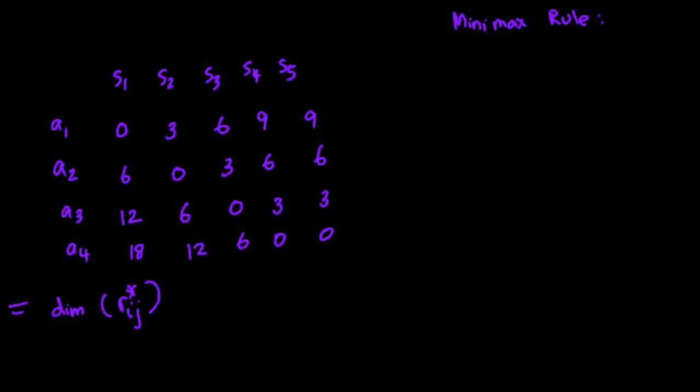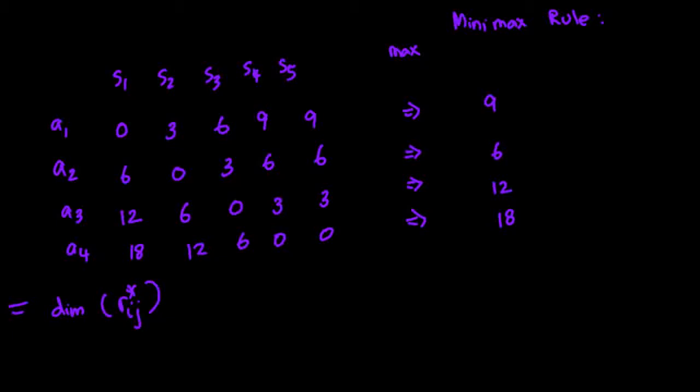So what we'll do is for every possible action, we're going to find the maximum opportunity loss. So let's find the maximum opportunity loss that I could have for every possible action. The maximum loss here is the 9, the maximum loss there is a 6, the maximum loss there is a 12, and the maximum loss there is 18.